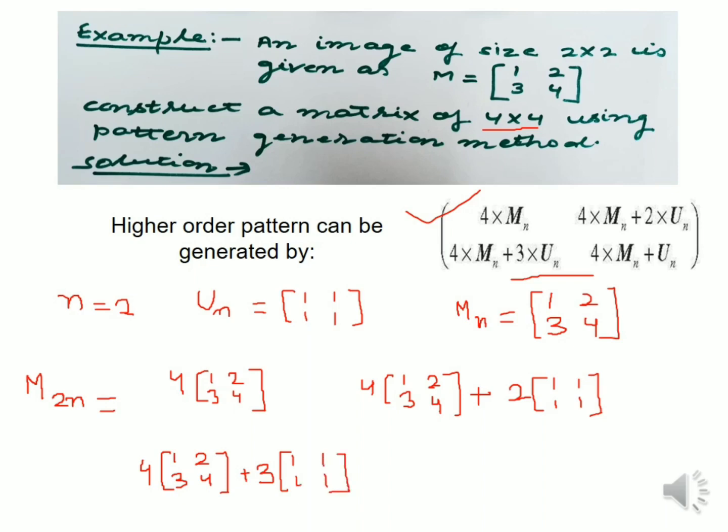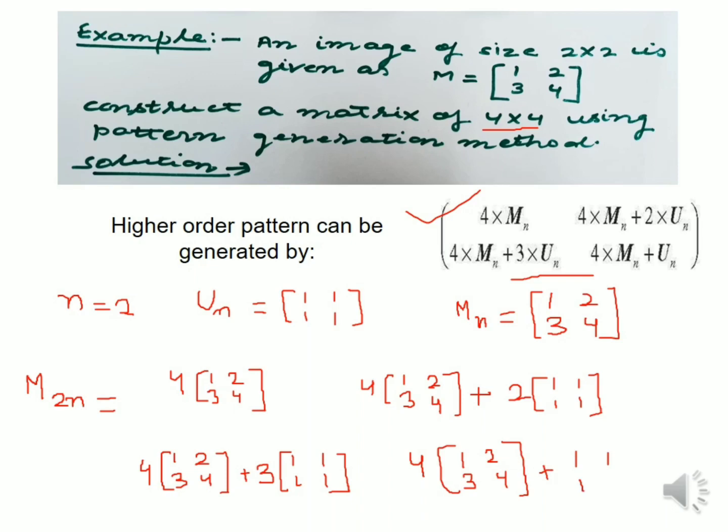So this would be the first component of row 2, and the second component of row 2 is 4 cross Mn, which is again 1, 2, 3, 4, the mask as given in the equation, plus Un.